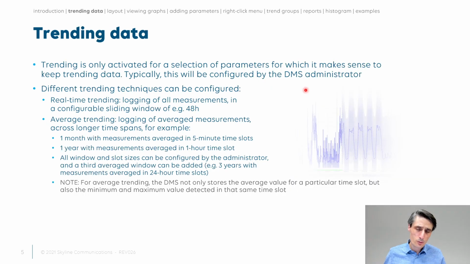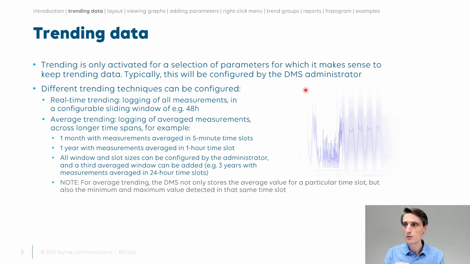Now, before we dive into the UI, what is actually being stored on a DataMiner system? How much detail do we have there? What's the granularity? Well, first of all, you need to activate the trending on every single parameter you want to have available for trending. That is because we don't want to overload the database with unnecessary information.